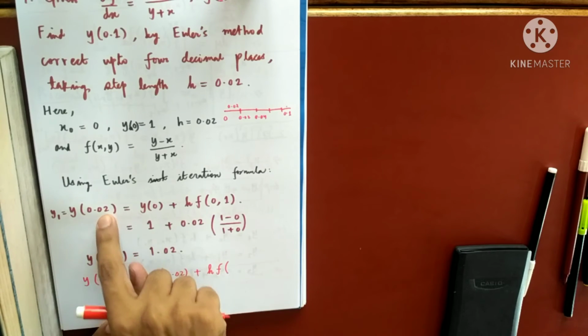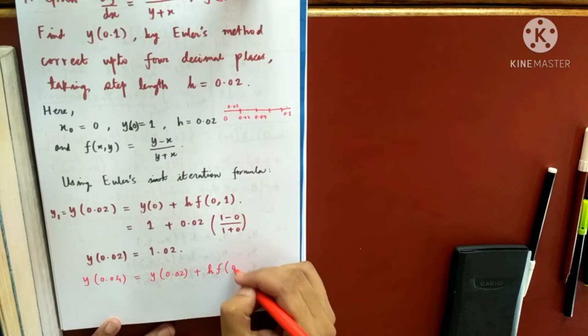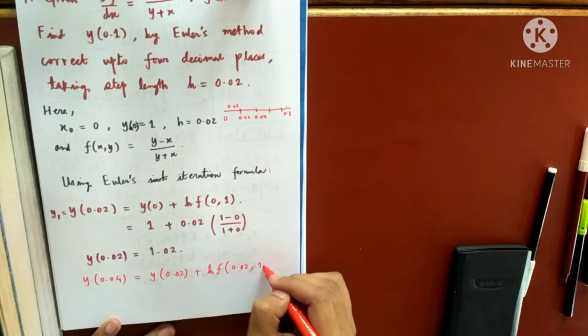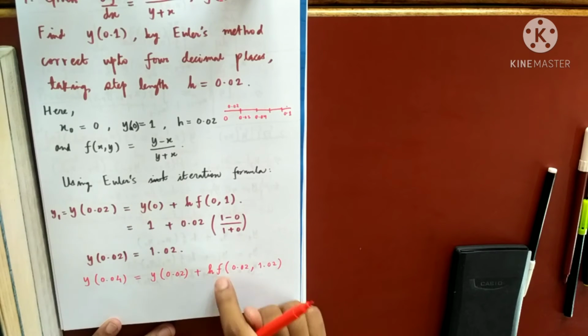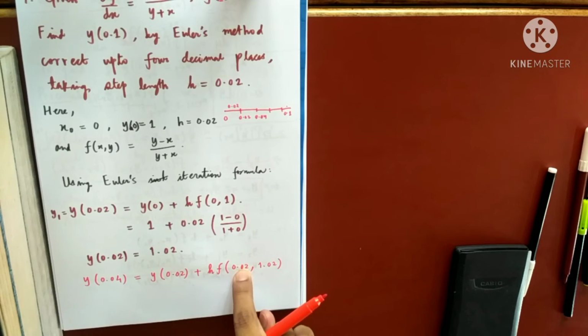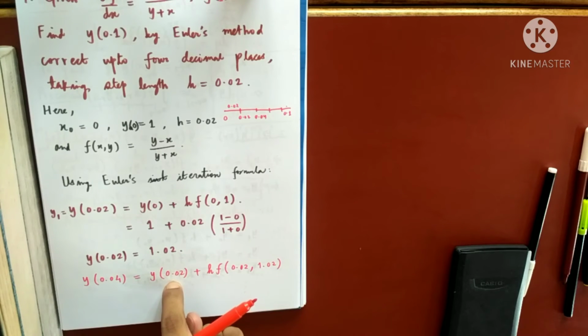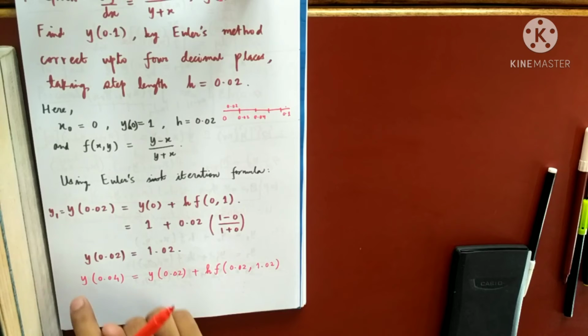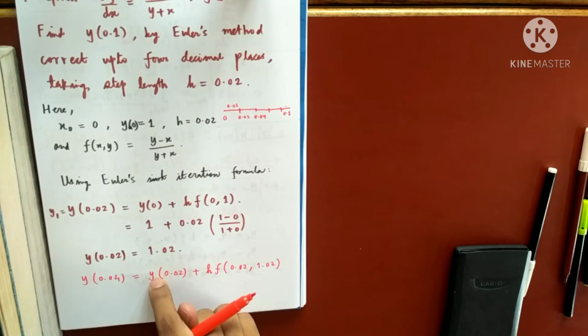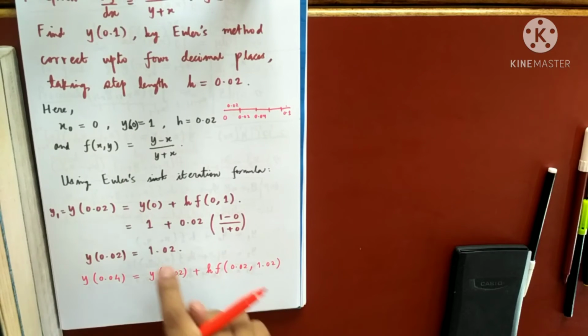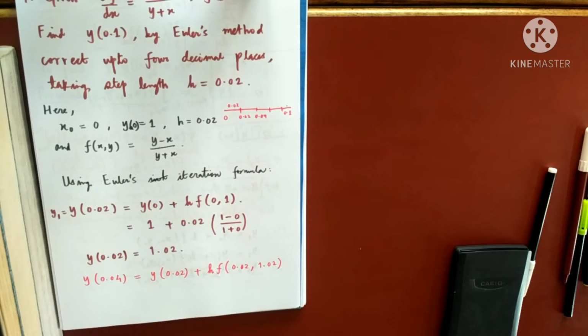Now x1 was 0.02 and y1 is 1.02. F of the previous x value and previous y value, keep that in mind. So y2 is y1 plus h times f of x1, y1. x1 is here, y1 is here. Any confusion, any doubts, please ask.